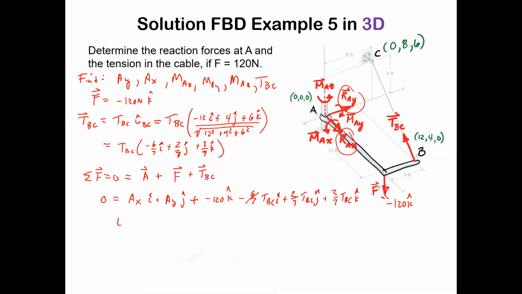So you can actually tally things up. Along the I direction, AX has to equal 6/7 TBC. In the J direction, AY has to equal minus 3/7 TBC. And in the K direction, 120 newtons has to equal 3/7 TBC.